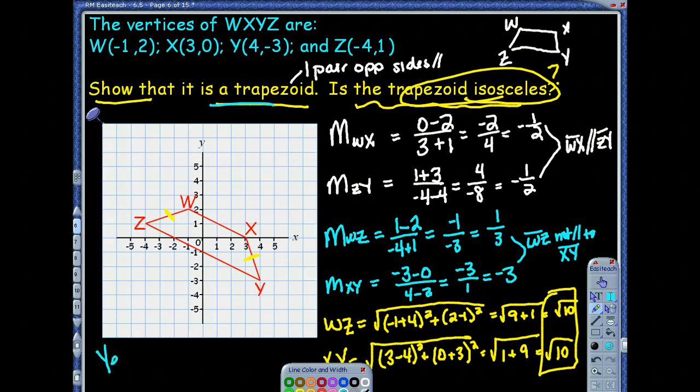My explanation would be that it is isosceles because the legs are congruent. So just be prepared, if we say, is it an isosceles trapezoid, to know why it is. You could say the legs were congruent, or you could have found the diagonals were congruent, either way. If it ends up being isosceles one way, it's going to be isosceles the other.